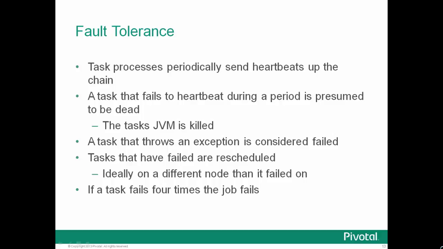A task that throws an exception is considered failed, and tasks that have failed are rescheduled on the system, but not necessarily in any particular order. It's ideally going to be restarted on a different node than it failed on. If a particular task, a mapper or a reducer, fails 4 times, then the job will be considered failed.